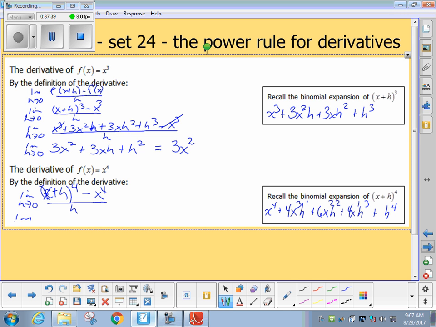The expansion gives me x to the fourth plus 4x cubed h plus 6x squared h squared plus 4x h to the third plus h to the fourth minus x to the fourth all over h. What happens to the x to the fourths?